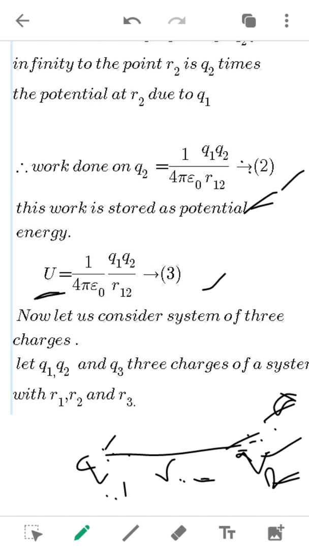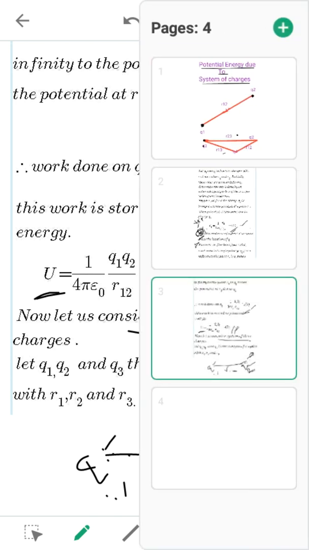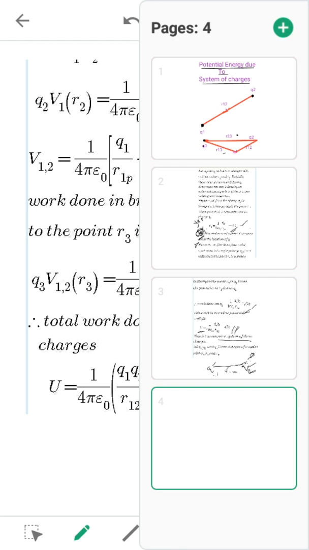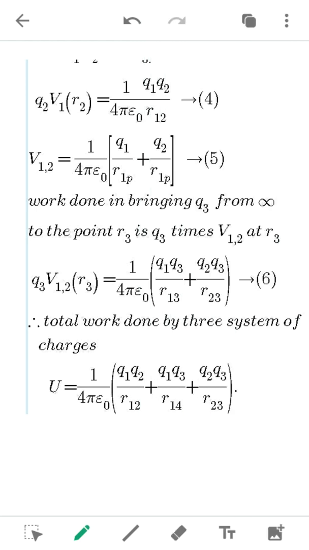Now we will consider the system of charges. Till here it is for the system of two charges. Now we will take the system of three charges. Here, first of all we'll take the potential of the first charge and the second charge, the individual potentials V1 and V2.